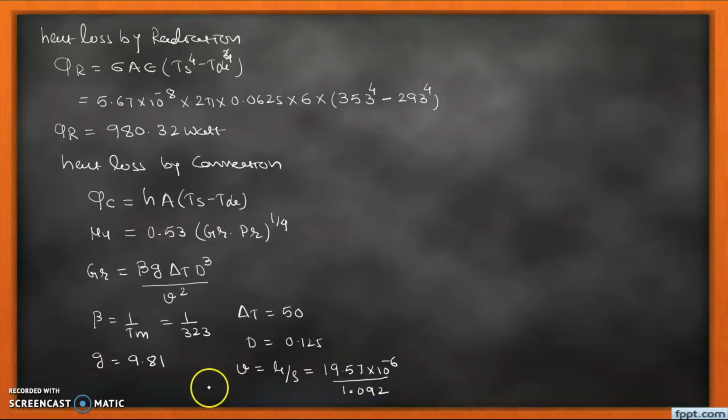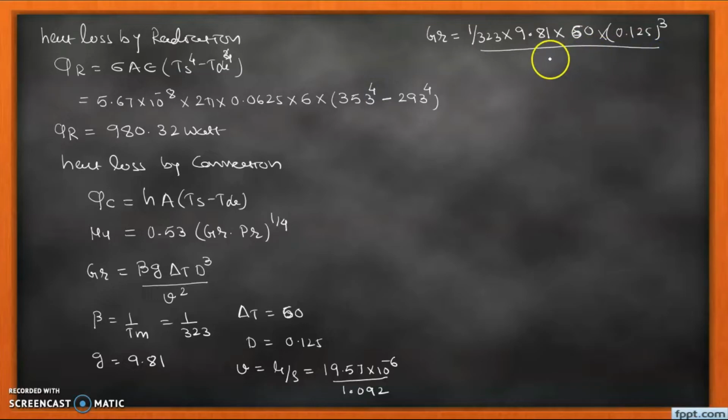Now students, using all these values, we are able to calculate the Grashof number. So the Grashof number equals 1 by 323 into the value of g, 9.81, into the temperature difference, 60 degrees, into diameter to the power 3, so 0.125 whole to the power 3, divided by (19.57 into 10 to the power minus 6 divided by 1.092) whole to the power 2.